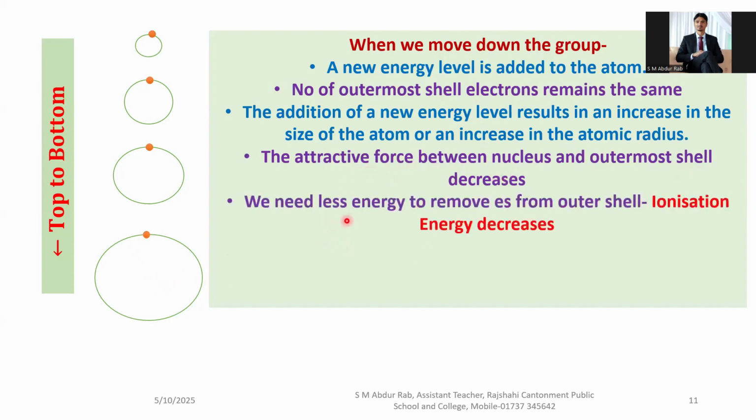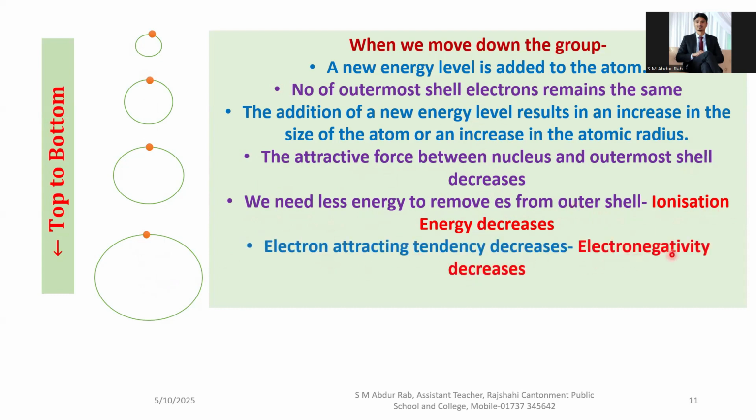So what happens when you move top to bottom in a group in the case of ionization energy? Ionization energy will decrease because we need less energy to remove an electron from the outer shell. Why do we need less energy? Because attractive force decreases, so we easily remove an electron from the outermost shell. So ionization energy will decrease. And what happens in the case of electronegativity? Electronegativity also decreases because electron attracting tendency decreases.